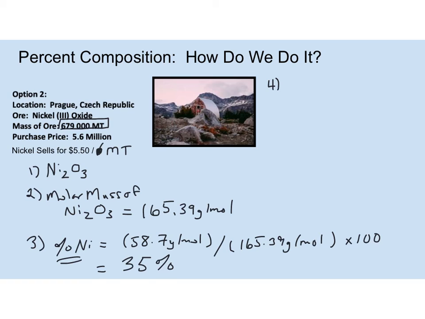So what we're going to do is now I need to know the number of metric tons of nickel is going to be 35%. And when we use 35%, we convert it to a decimal. 35% of 679,000.